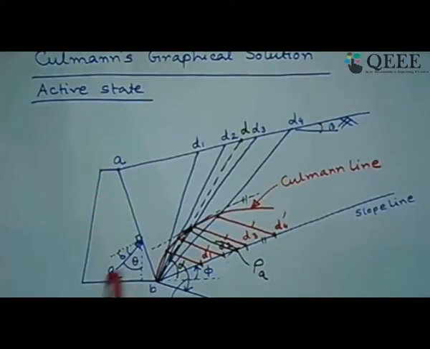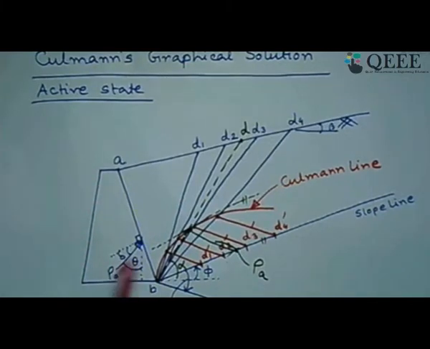What we mentioned earlier, if we come back to the graphical construction, is that the line of action of PA is known, because Coulomb's theory says that it will always act at an angle of wall friction angle with respect to the normal to the surface.